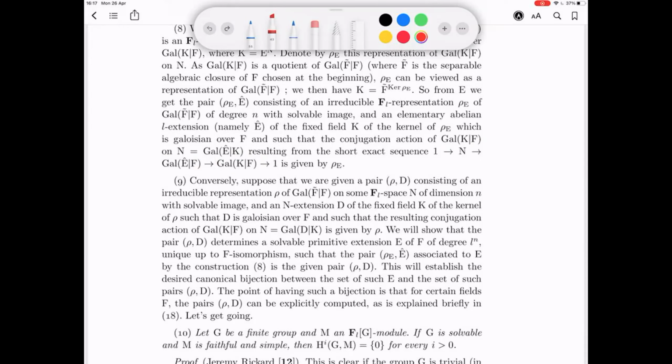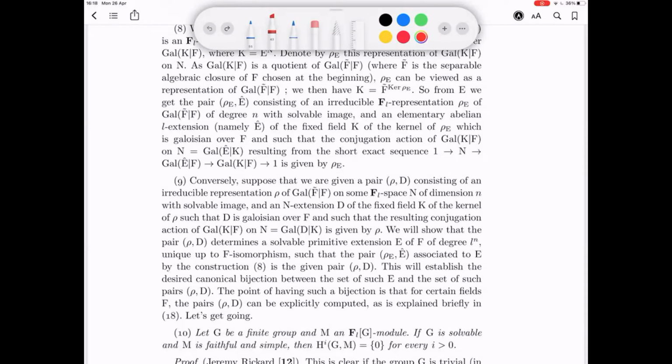Here is the direct generalization, in the sense that we are now looking not at extensions of prime degree, but of prime power degree, but they are required to be primitive, which is automatic when the degree is prime, and they are also required to be solvable, as in the previous case of prime degree, right? So we are now looking at extensions of F of fixed prime power degree L to the n, which are both primitive and solvable. Those are the things we want to parameterize.